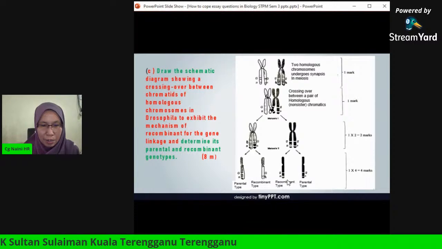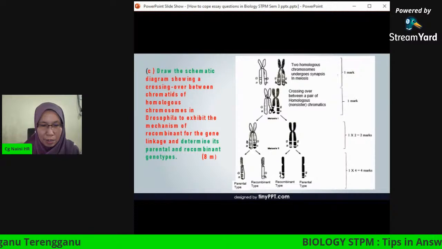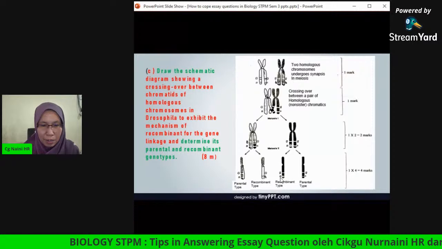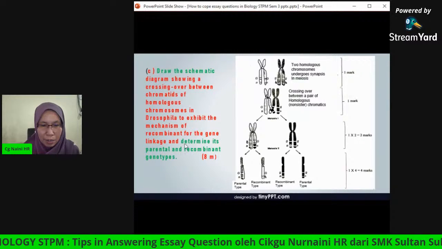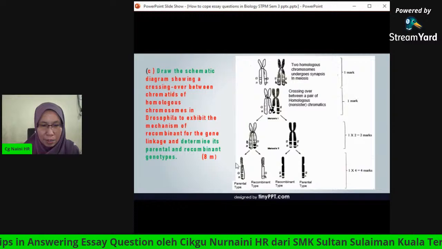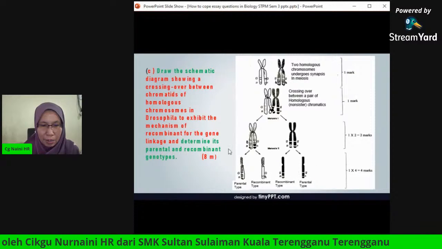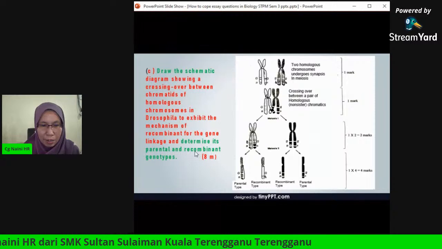The recombinant type is one of big G, one of small b, one of big B and one of small g. So this is the new type. So determine its parental, you get the parental correct, and the recombinant genotypes.